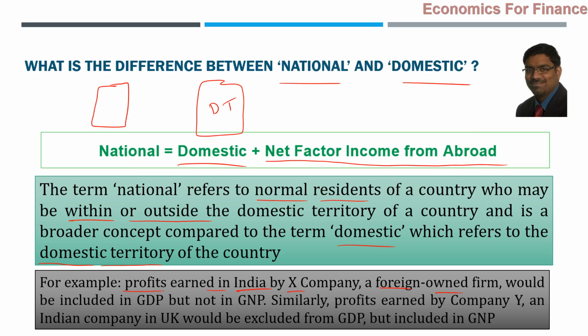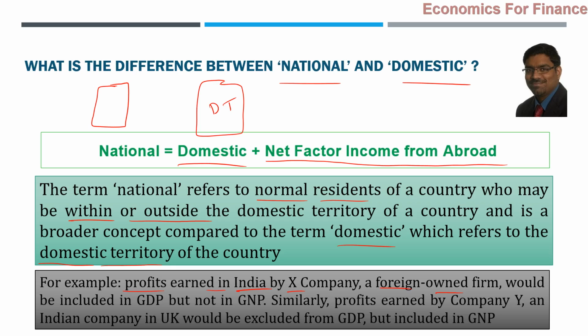Irrespective of whoever added value, whatever value is added within the domestic territory of India, the geography of India, that is called GDP of India. In that, even the value added by foreign firms could be included. Let us say we are talking about Make in India. We are welcoming many foreign companies to come to India and invest and do their production or service operations in India. There are so many foreign companies which do that.